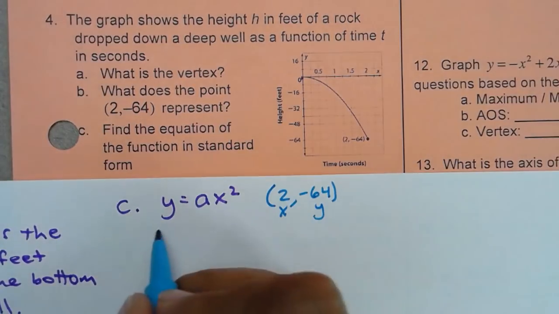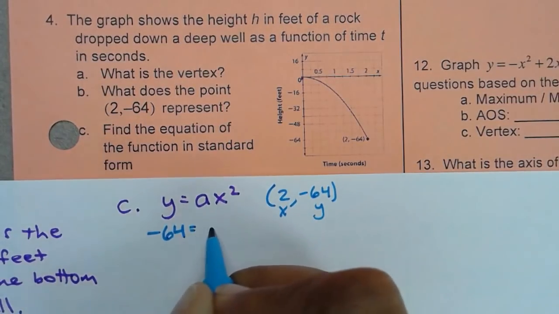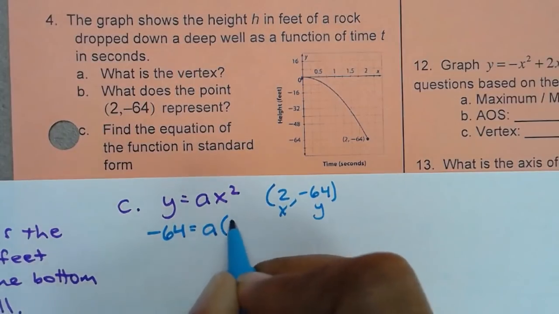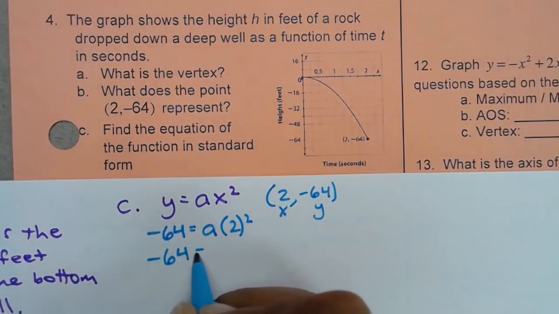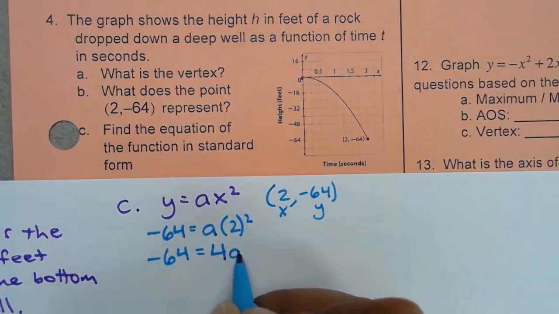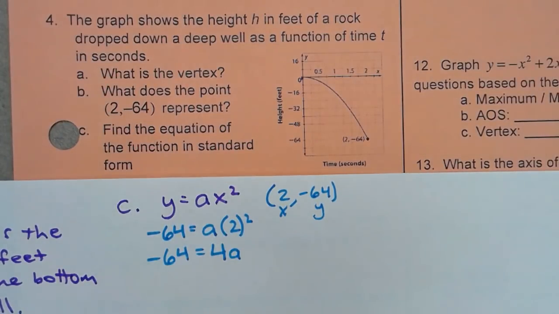So what is y? Y is negative 64. We're solving for a. X is 2, so we're going to square that. And so 2 squared is 4. You usually write the number in front of the variable. And then we're just going to take this and divide by 4 to figure out what a is. So 4 goes into negative 64, negative 16. So that is our a.